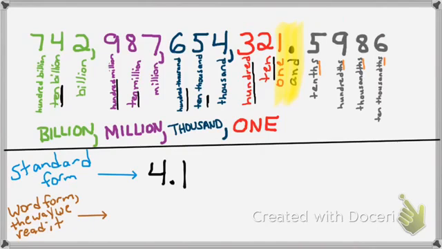So if I look back down at my word and my periods right down here, I look at my ones, and next to the ones in that word form, I would have my decimal. And to the right of that, what would be the name of the period? Well, actually, it's pretty simple. This would be called the decimal period. So now we have our full place value chart exactly as you'll need to know.